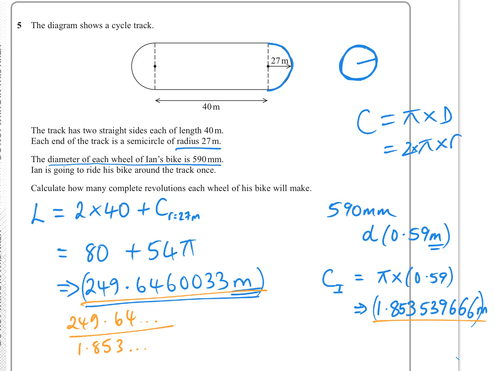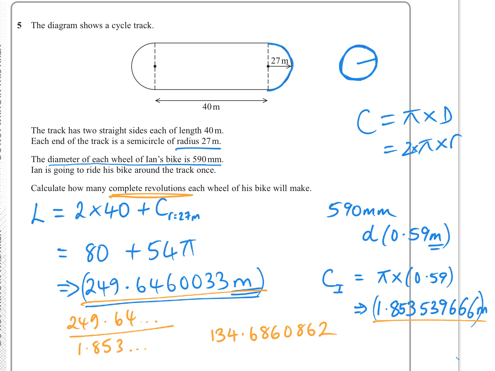249.6460033 divided by 1.853539666, and that gives me 134.6860862, but it's the number of complete revolutions.